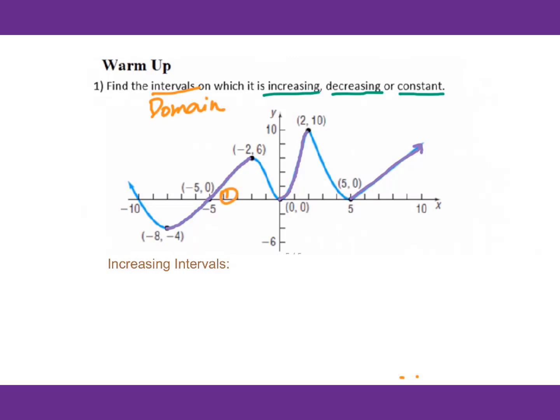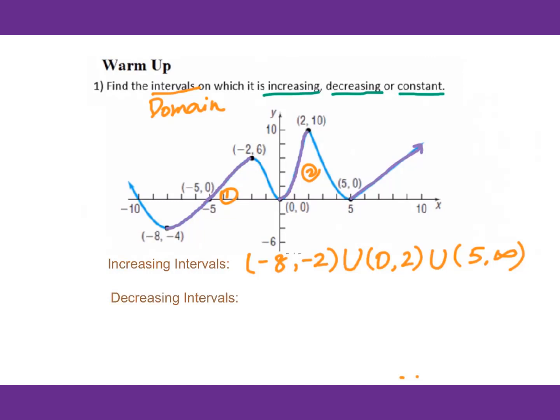The first interval is from -8 to -2. Union set, this is the second interval, 0 to 2. Union set from 5 to infinity.